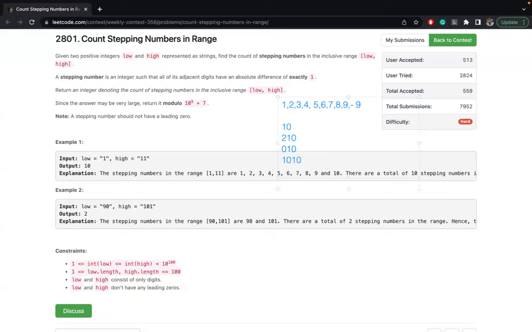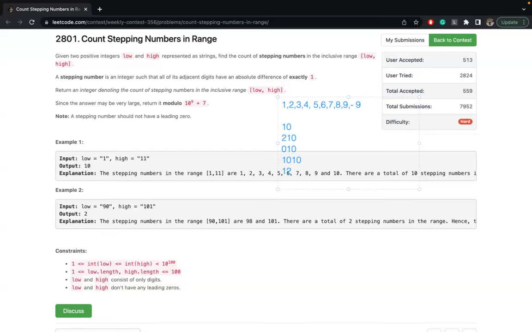And one more thing, if you are counting a number of 4 digits and that number starts with 1, then after 1 it is sure that you will have either 0 or 2.